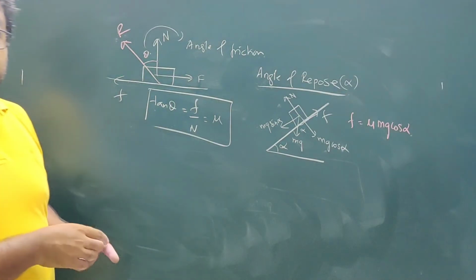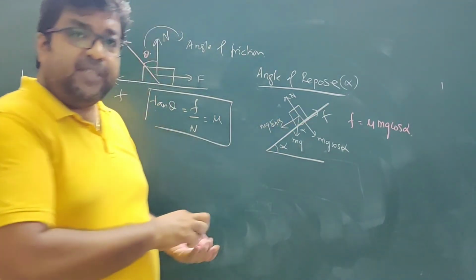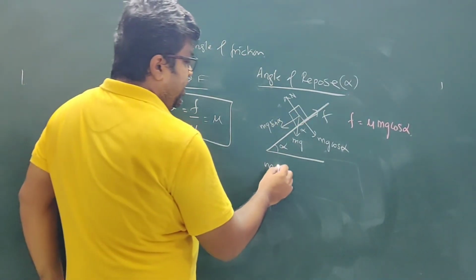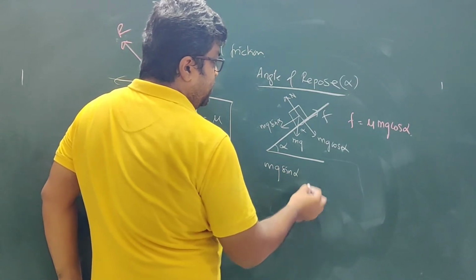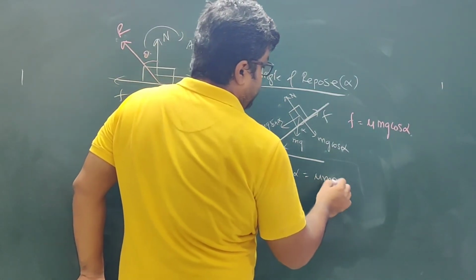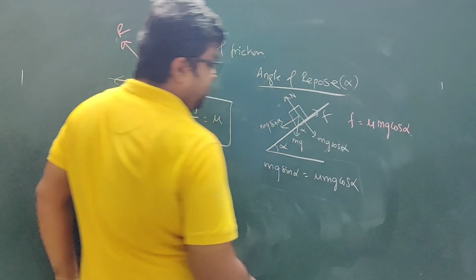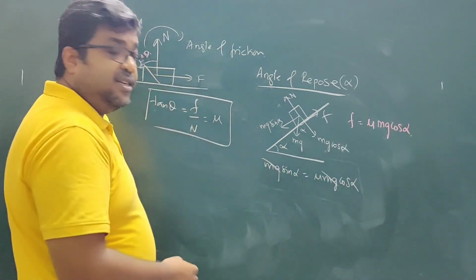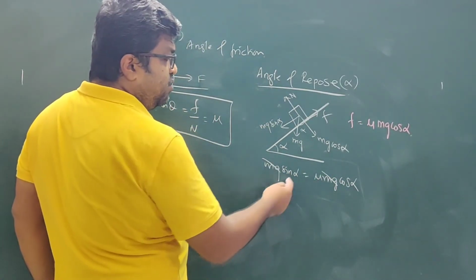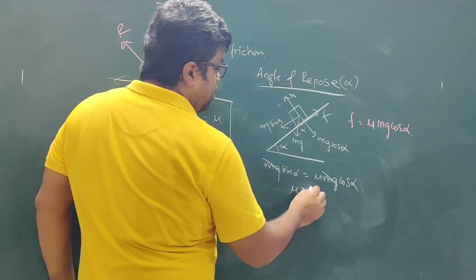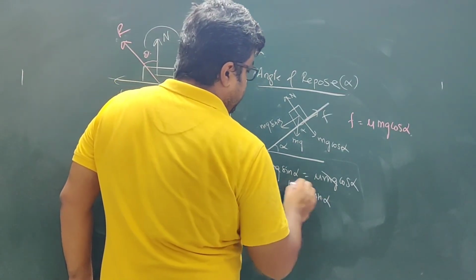If the block is not coming down, that means friction force is equal to mg sin alpha. So mg sin alpha is equal to mu mg cos alpha. This mg gets cancelled, cos alpha, bring it here, so it becomes tan alpha. So mu is equal to tan alpha.